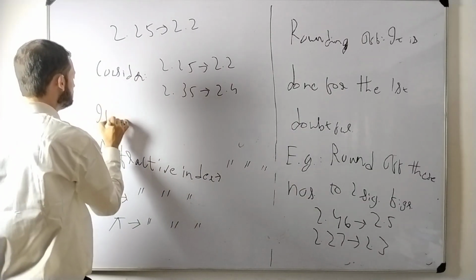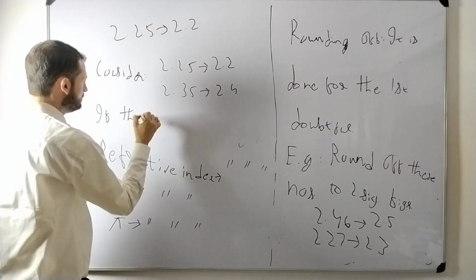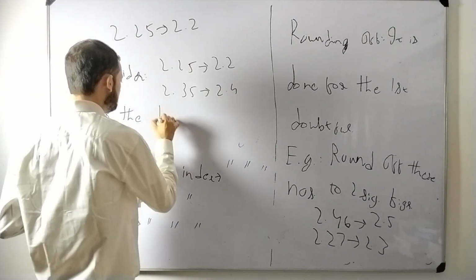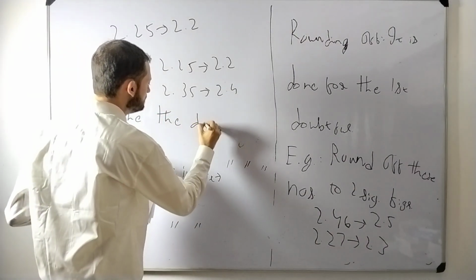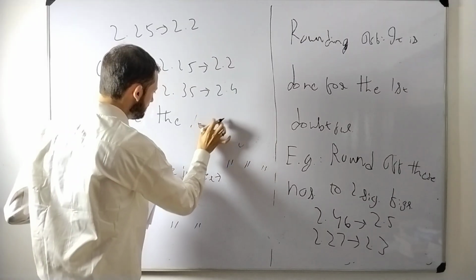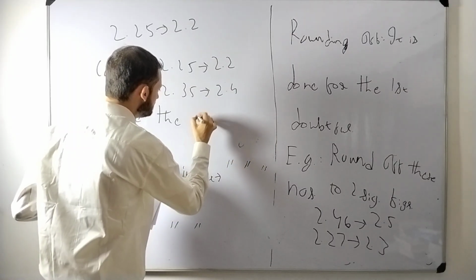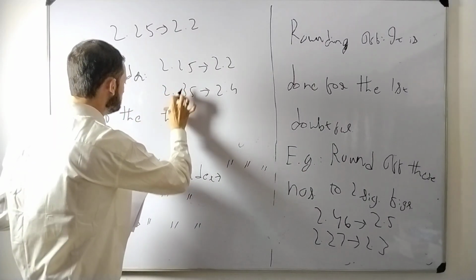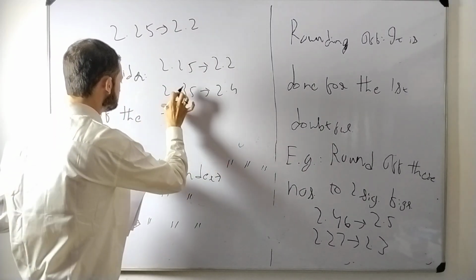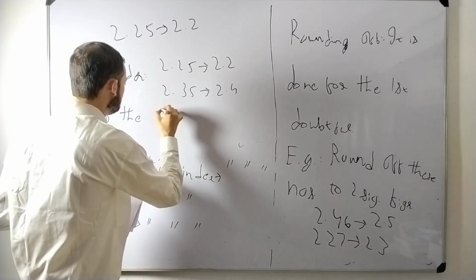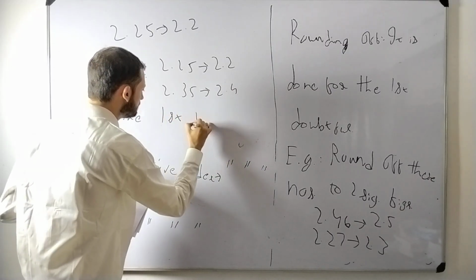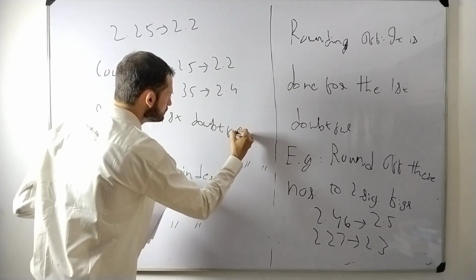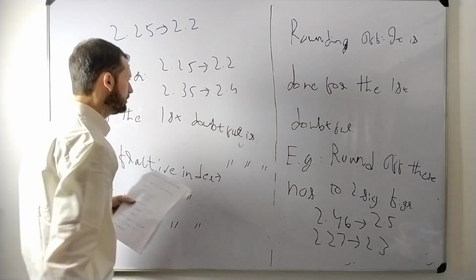If the first doubtful digit is, what is it, students?